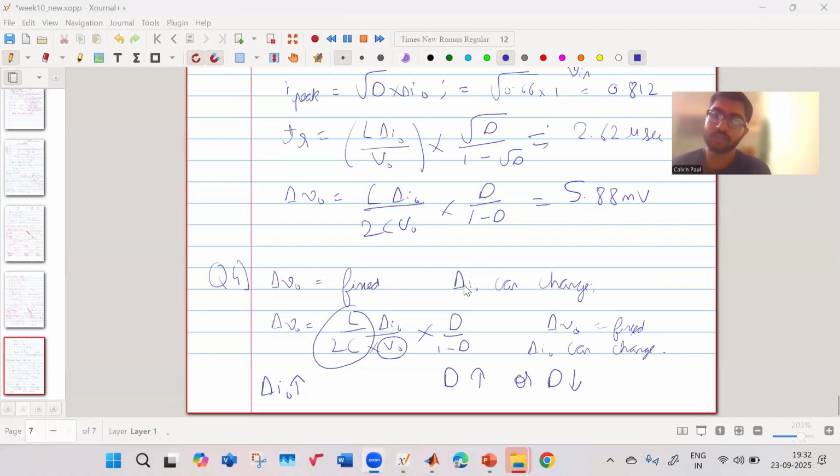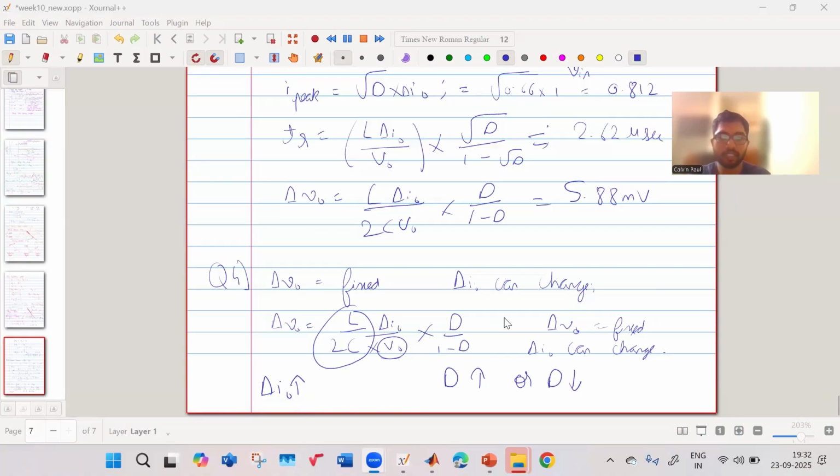Correct. Because if D reduces, 1 minus D increases, and if 1 minus D increases, this entire thing reduces. Okay. Correct.